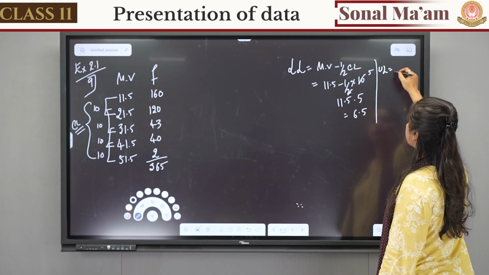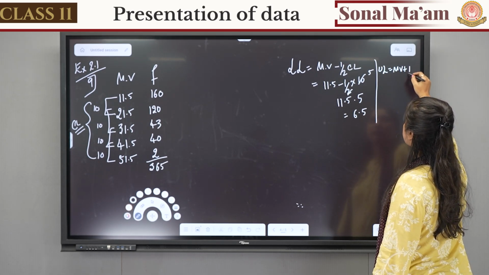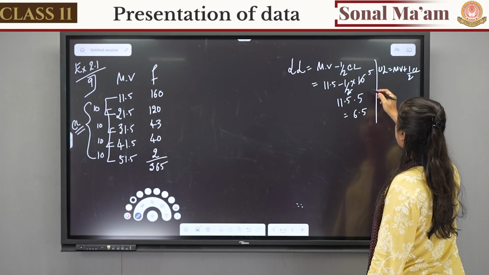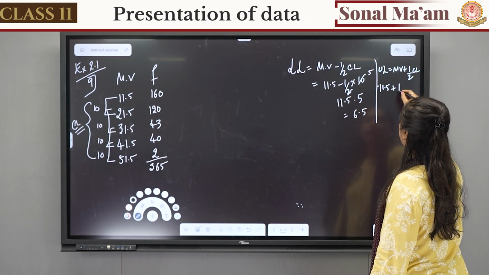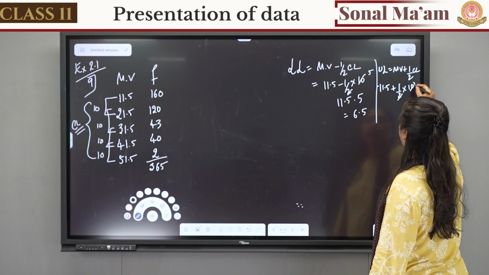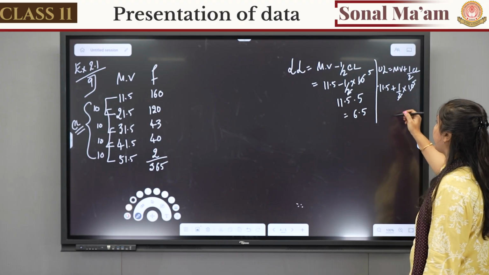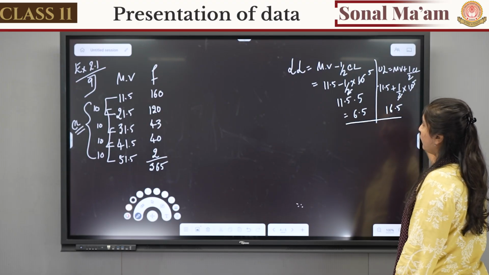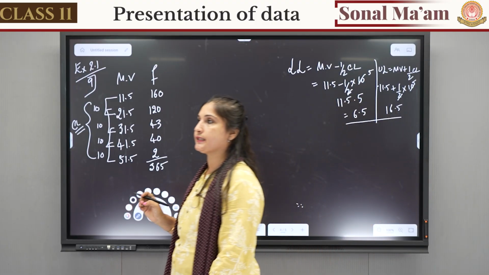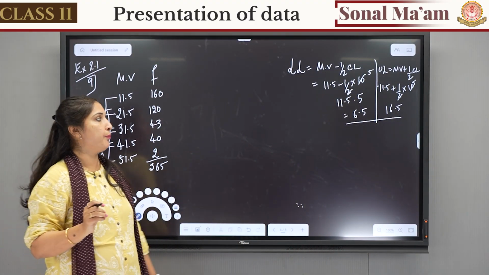Upper limit is equal to mid value plus half class length, so 11.5 plus 1 by 2 into 10, this will be 5. So 11.5 plus 5 will be 16.5. As I told you, you got the first class, 6.5 to 16.5.